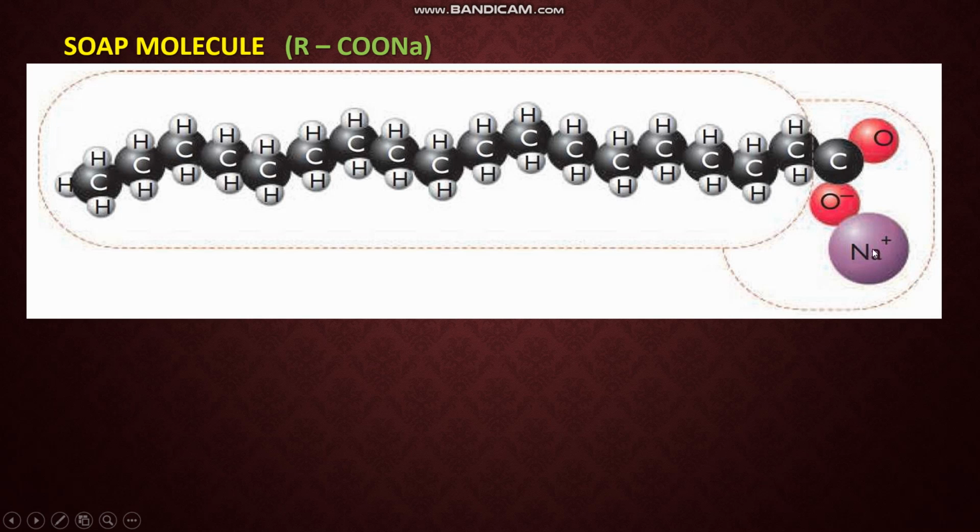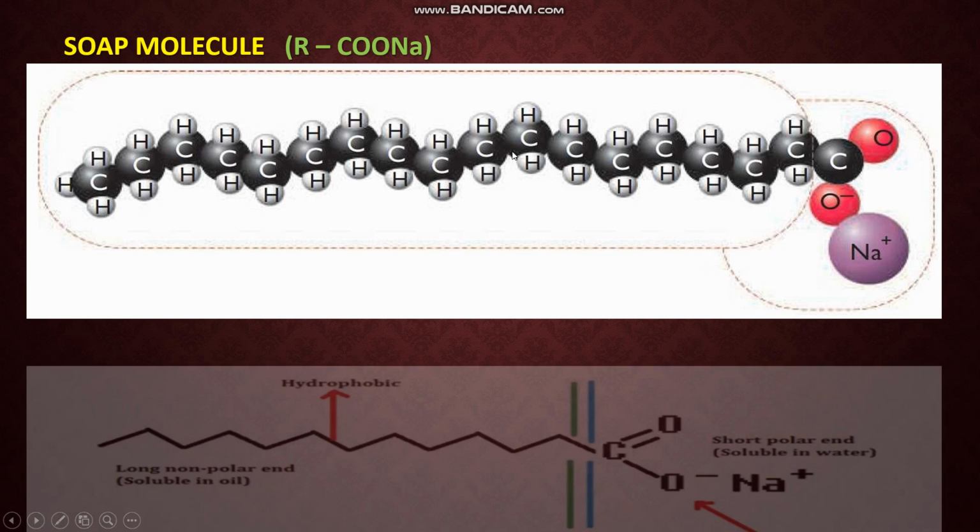So this part is polar in nature, so it is water loving or we can say hydrophilic. It is soluble in water. This is a non-polar part that is repelling away from water or we can say hydrophobic. Phobia means fear. Hydrophobic means repel away from water, but it dissolves in oil or grease.